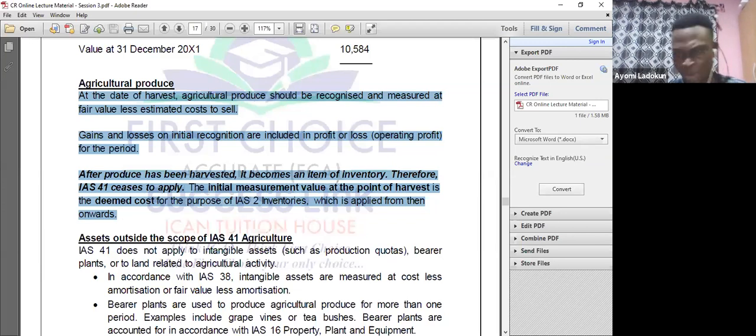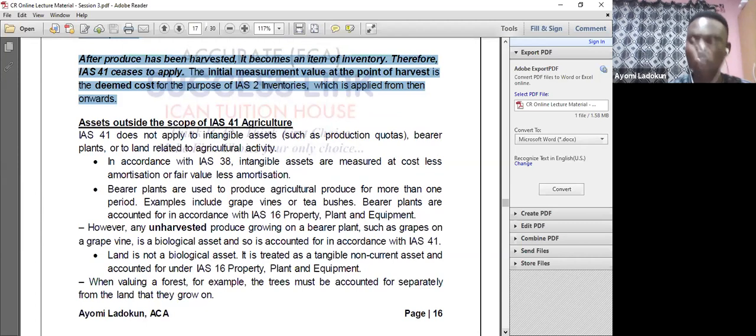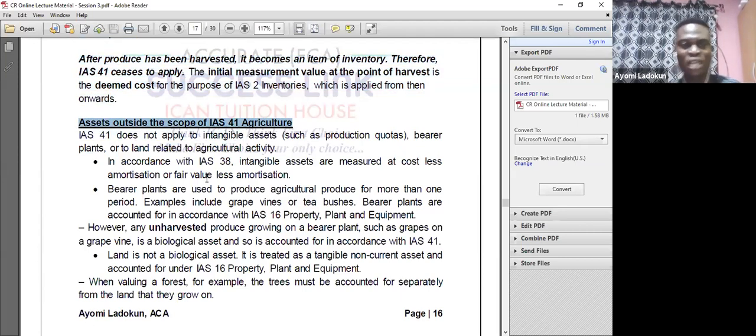Now, this is the last point. After this, we treat one question, then that's bye-bye to IAS 41. It's as simple as ABC. Now, let's look at this. Assets outside the scope of IAS 41.